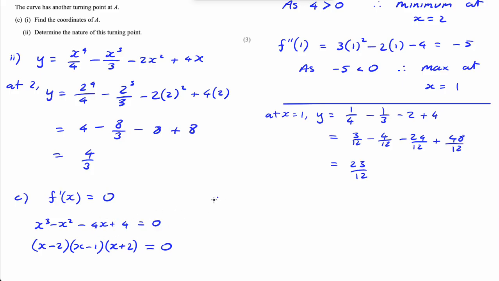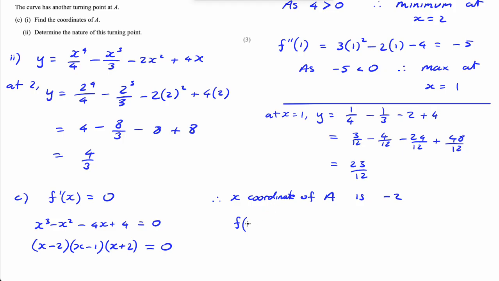So therefore, the third coordinates of A, so the x coordinate of A is minus 2, because it's where x plus 2 equals 0. And this is quite a long, difficult question, guys, but it is further maths.